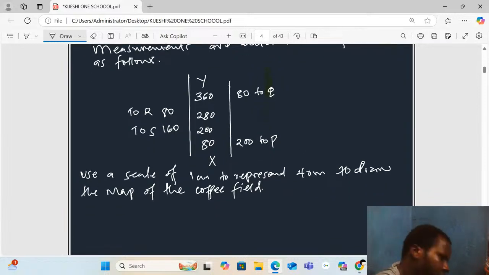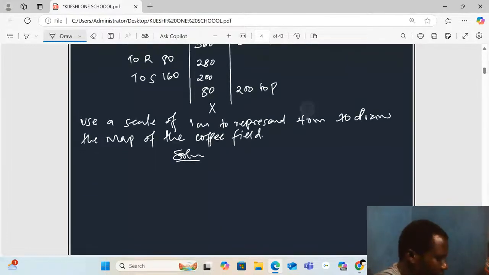Now, let us look at the solution. And remember, you have to draw to scale. We are given 1 centimeter represents 40 meters. So let us have a look at this.